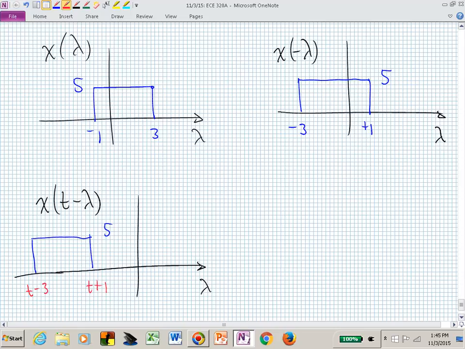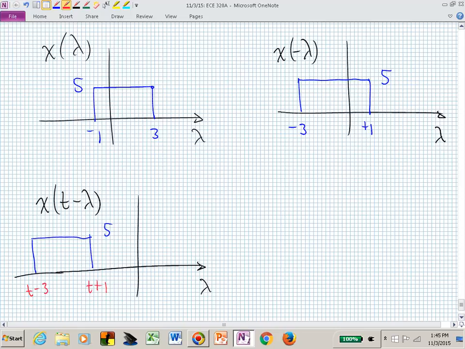So now as t goes from minus infinity, I'm way over here, and I'm going to adjust t from the left and just keep varying t to find y of t for all those values. And x is going to slide across that lambda axis as I vary t from minus infinity to infinity.